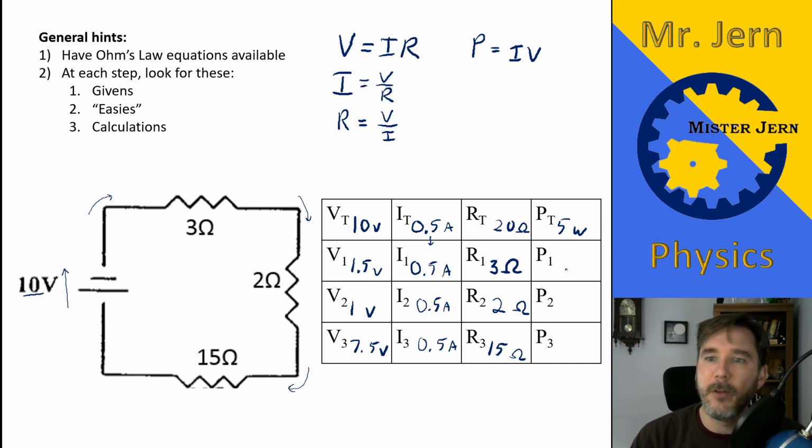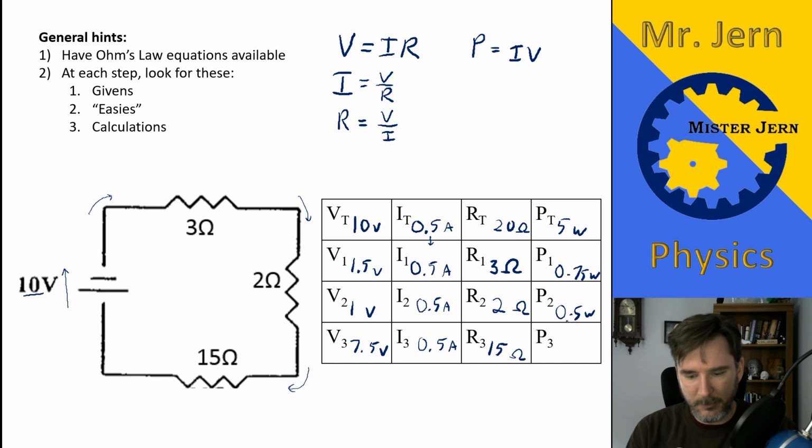So let's see. IV, so 1.5 times 0.5, I believe that's going to be 0.75. I probably should check this with the calculator. 0.5 times 1 is 0.5 watts, and 0.5 times 7.5 is what, 3.25?